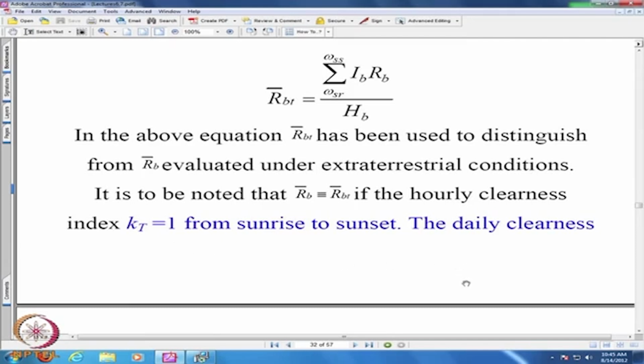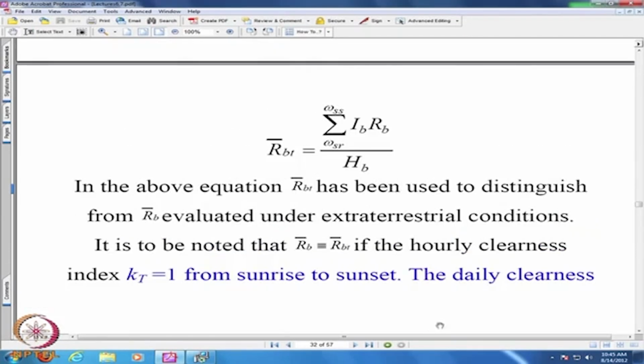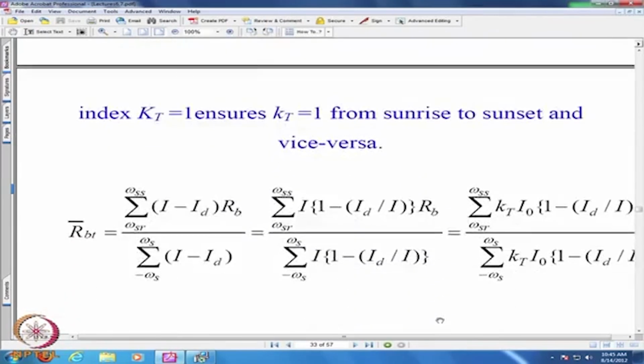You have RB bar T identically equal to RB bar. So, now I am trying to prove why the terrestrial calculation is so close to the extraterrestrial, or why the extraterrestrial approximation is reasonably good.